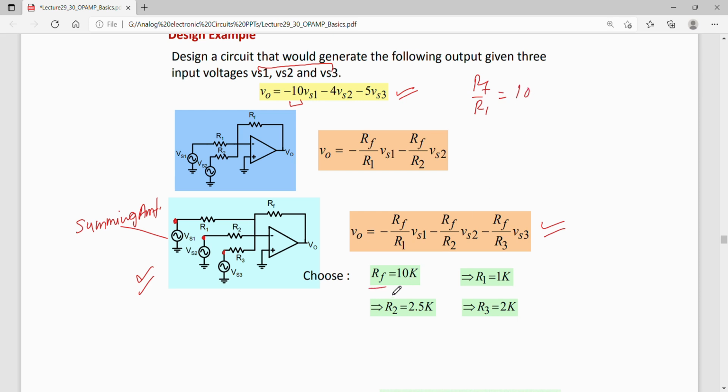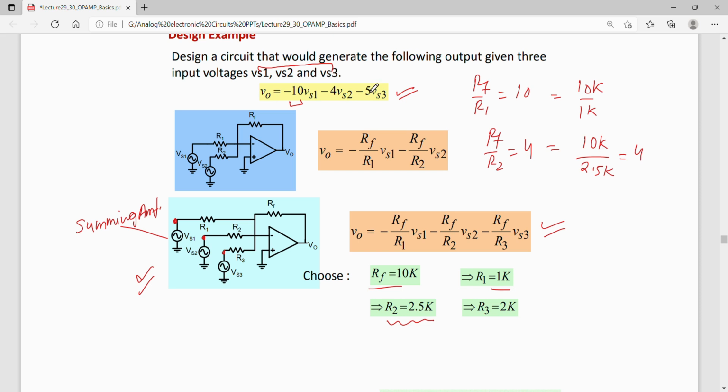So if I say that RF is 10K and R1 is 1K, then this is produced, that is minus 10 Vs1. Similarly for minus 4 Vs2, I want RF by R2 to be equal to 4, and RF we have already fixed as 10K, so R2 can be fixed to 2.5K.